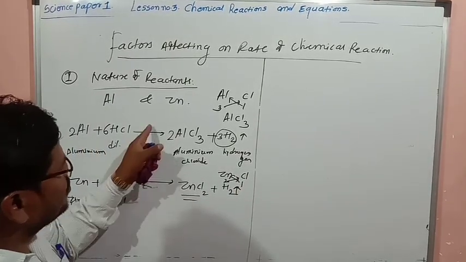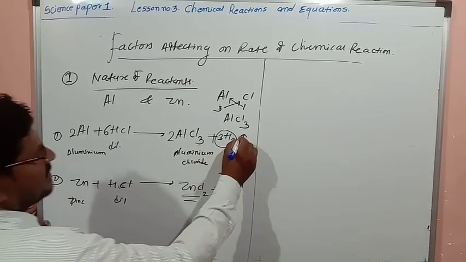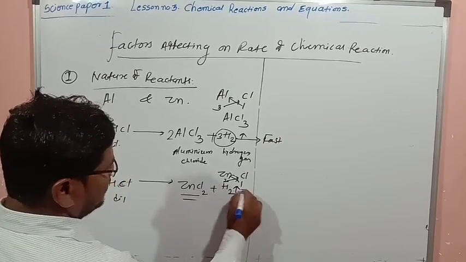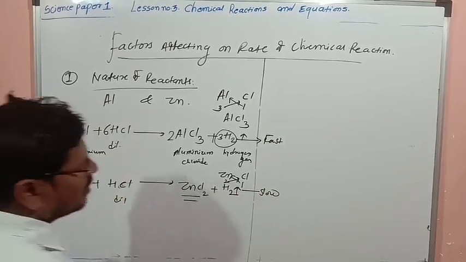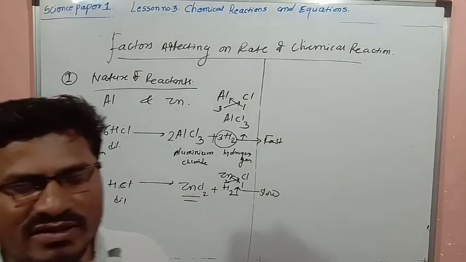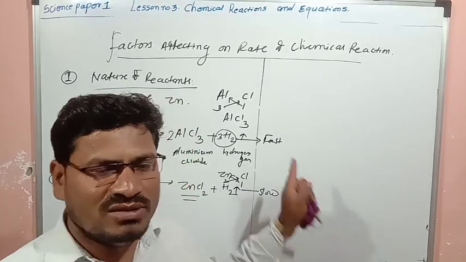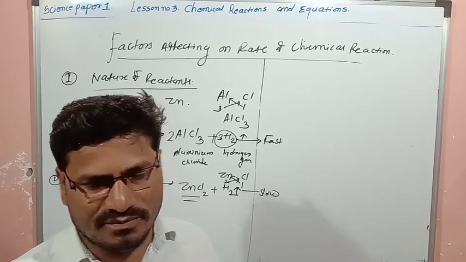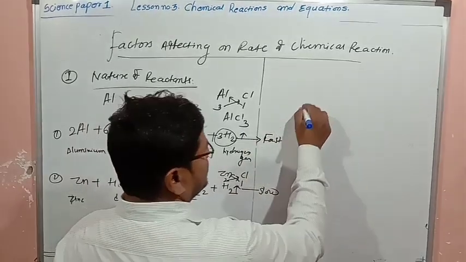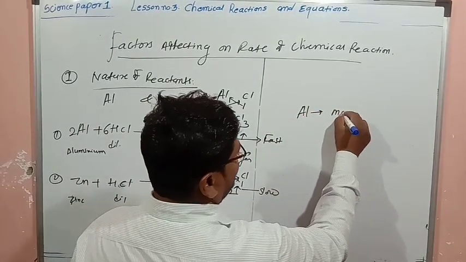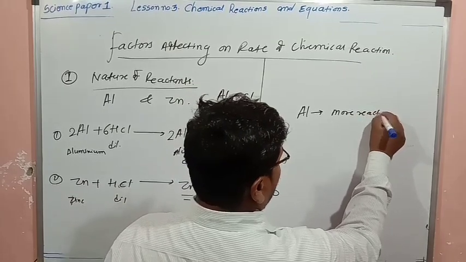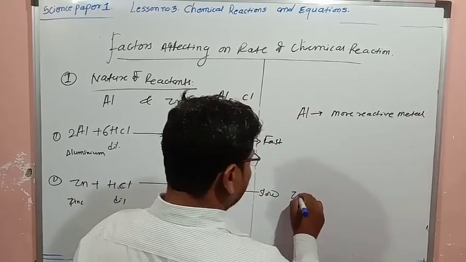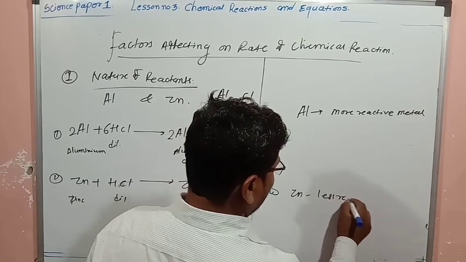So in these two reactions, the aluminum reaction is fast, and the zinc reaction is slow. For that there are some reasons. Aluminum is a more reactive metal, and zinc is a less reactive metal.